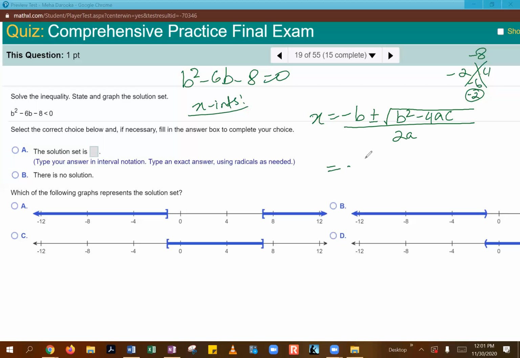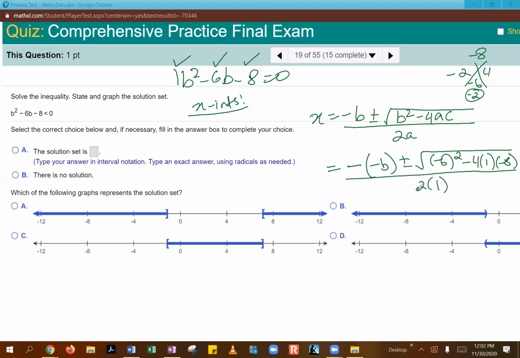So your negative b is 6, plus or minus, again, negative 6 squared minus 4 times a. A, of course, would be the coefficient 1 over here. C is going to be negative 8, and then divided by 2 times a, which again, a is 1.